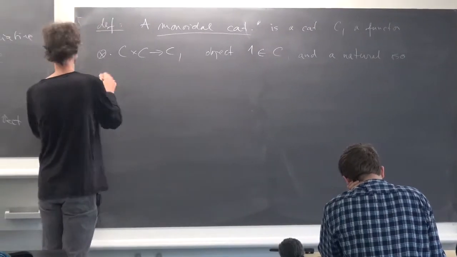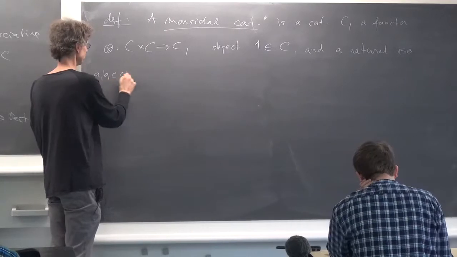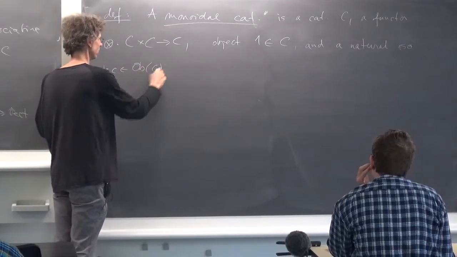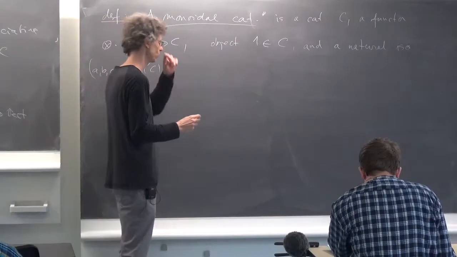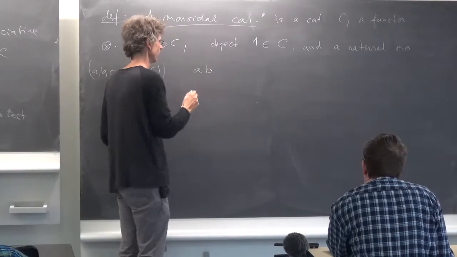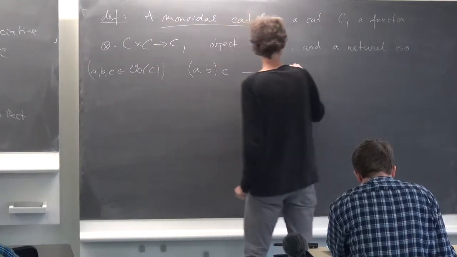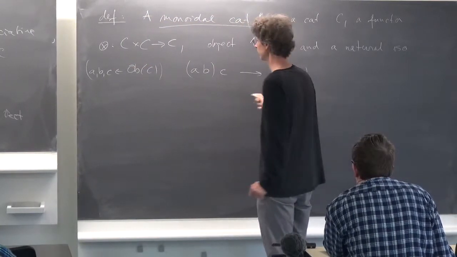So for any A, B, C objects of the category, we want to have an isomorphism between (AB)C and A(BC).